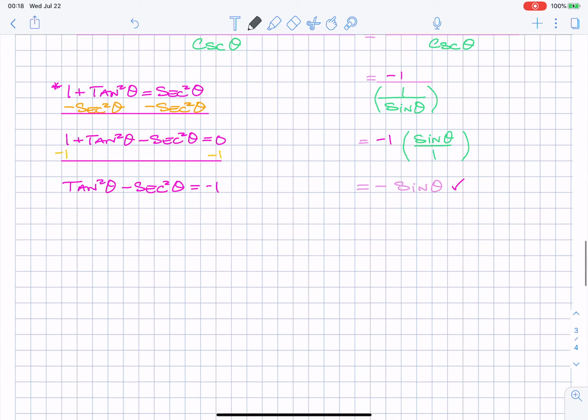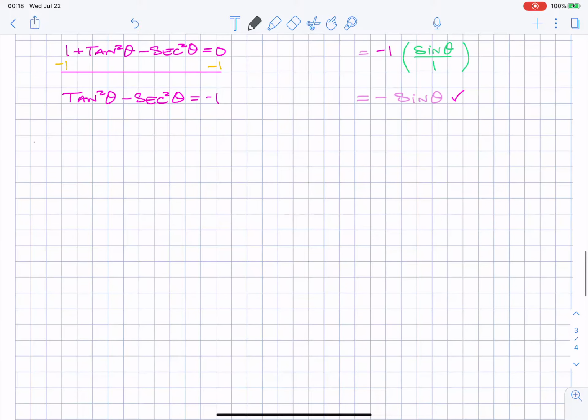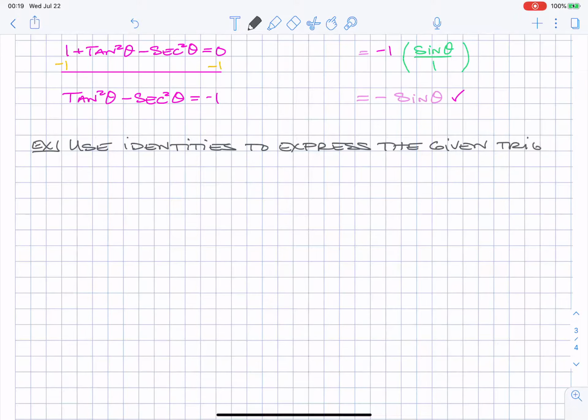Let's do some more. So for example, let's use identities to express the given trig function with respect to the indicated function.